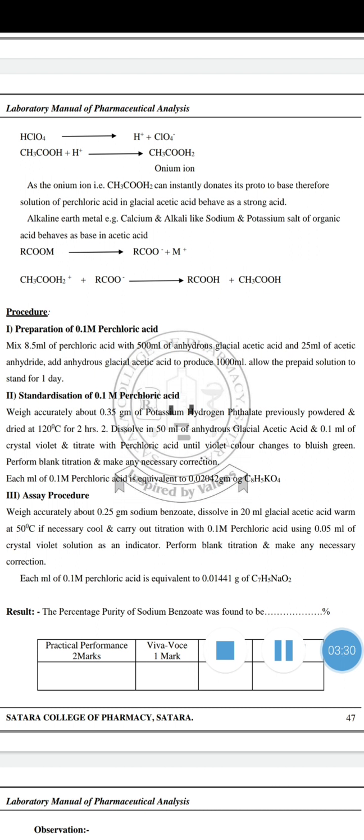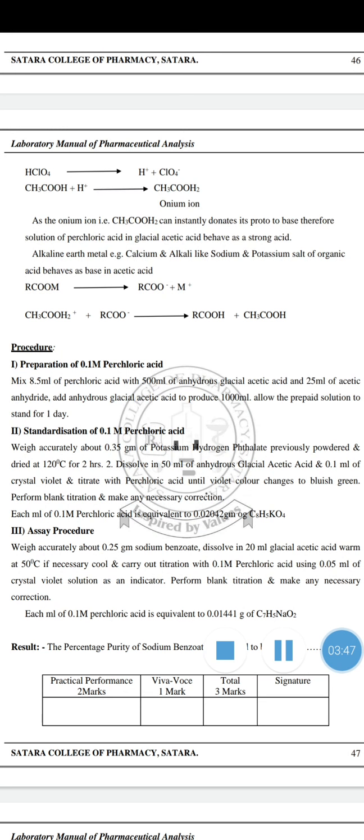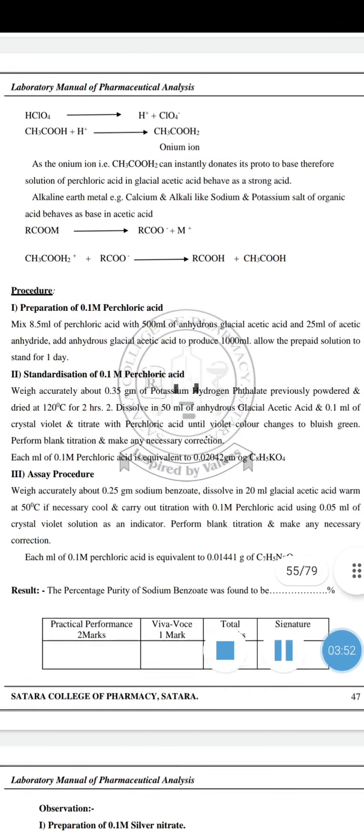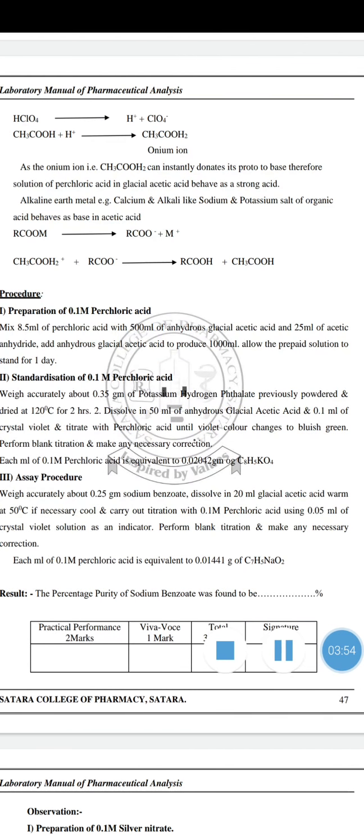Then perform a blank titration and make any necessary corrections. Each ml of 0.1 molar perchloric acid is equivalent to 0.0242 gram of perchloric acid.